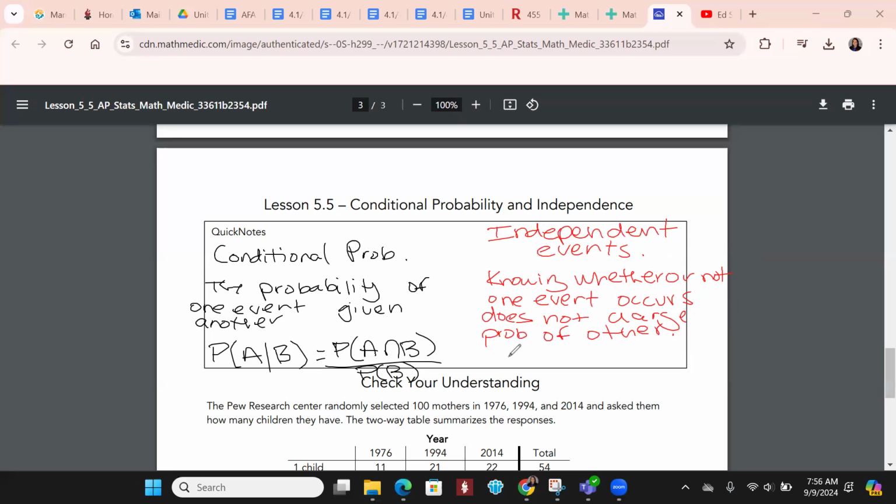We've already talked about this formula: the probability of A equals the probability of A given B equals the probability of A given B not. If all of those are true, then they're independent.